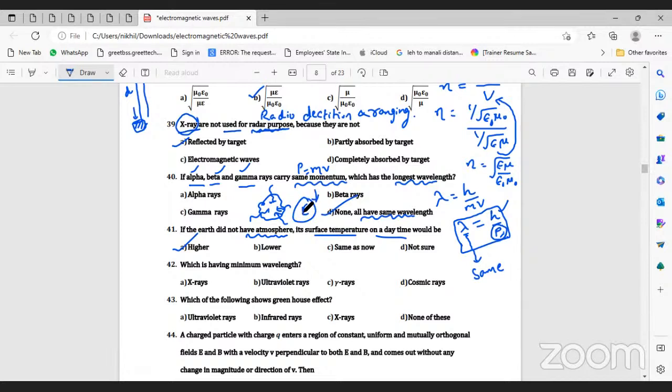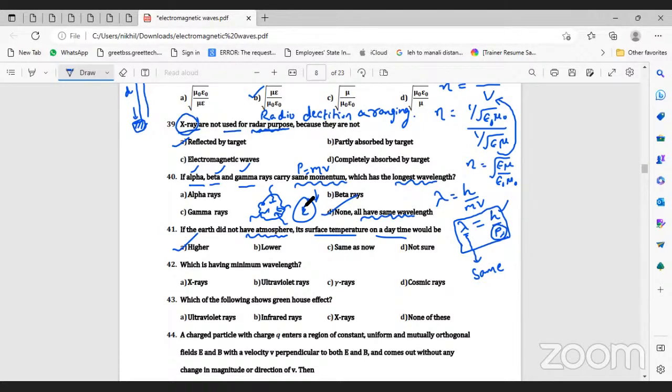The atmosphere has the ability to absorb radiation, so the temperature gets decreased.